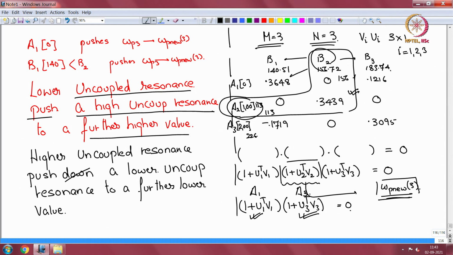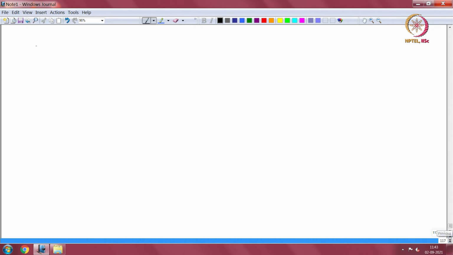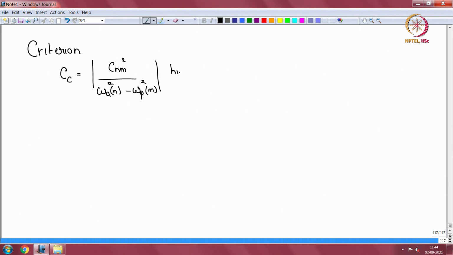So how to do that? So we set up a criterion which is of this form. Which term to use? The criterion is this. It's given by C, which is absolute value of C n m squared divided by that acoustic mode squared minus that panel mode squared, whichever is higher.